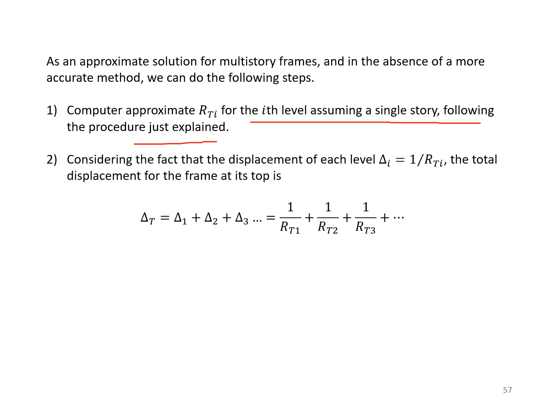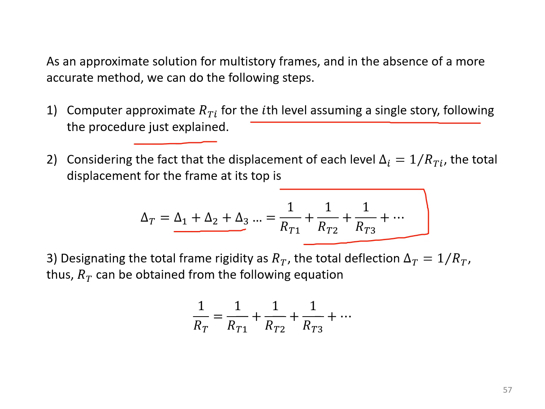Then, considering the fact that deltas are added to get the maximum delta, we have the following equation for the total delta. And therefore, that means that in order to find the total rigidity, 1 over RT is equal to 1 over RT1 plus 1 over RT2, etc. Very similar to the case of a brace frame.